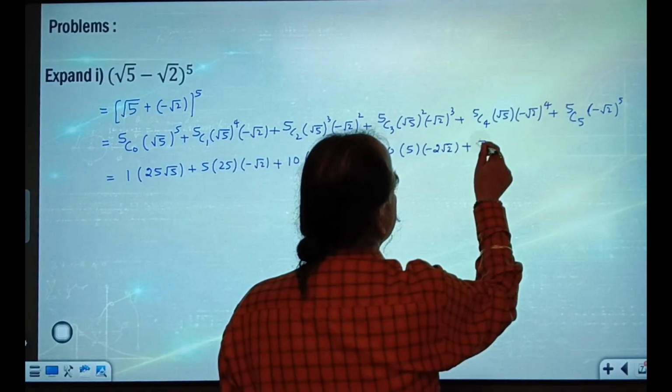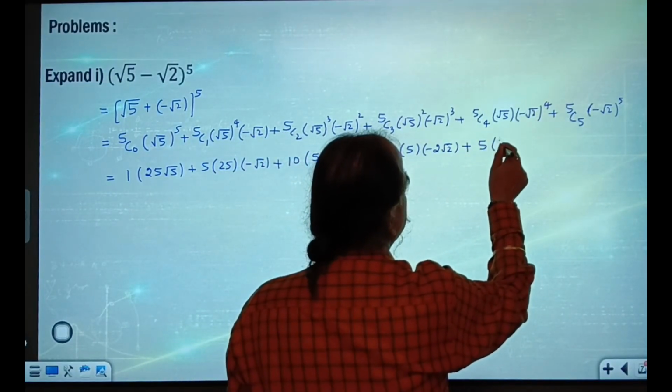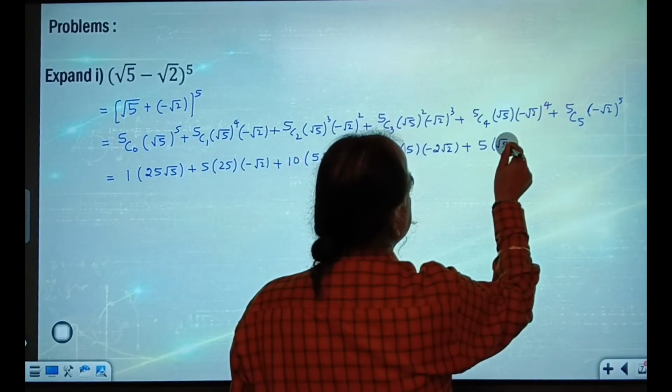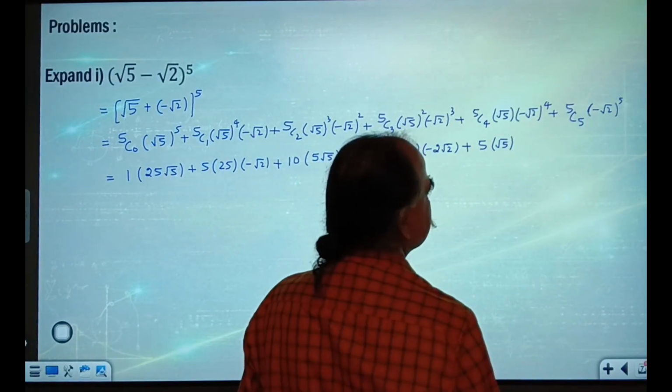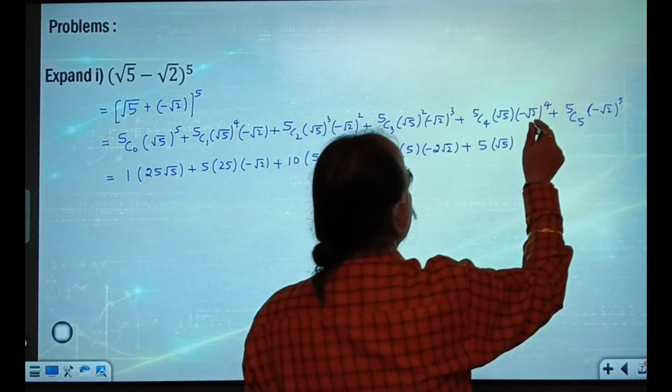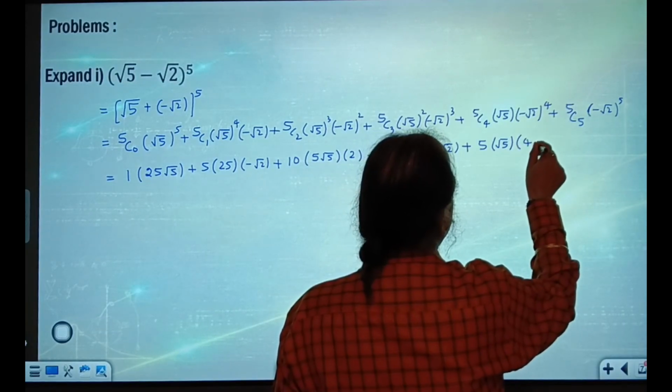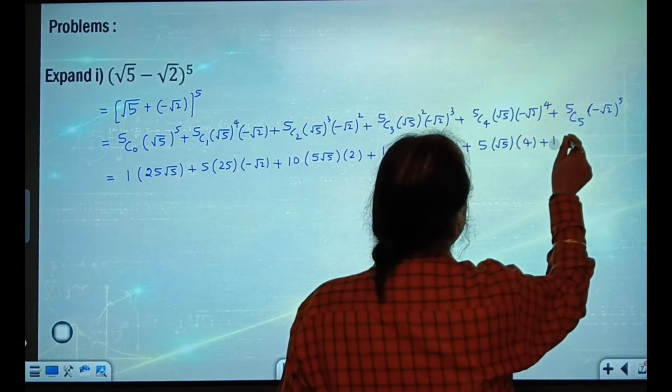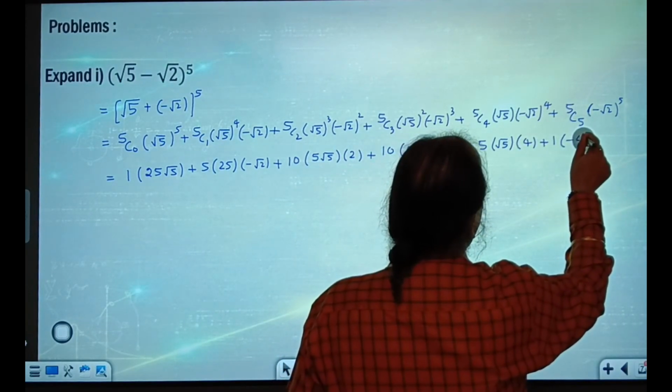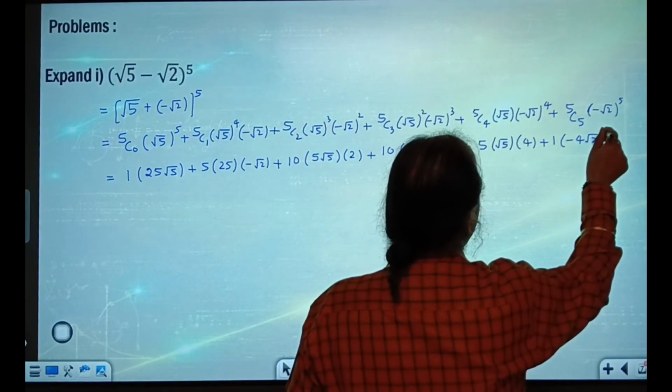5C4 is 5. Root 5. Minus raised to 4 is plus. Root 2 raised to 4 is 4. 1 into minus 4 root 2.